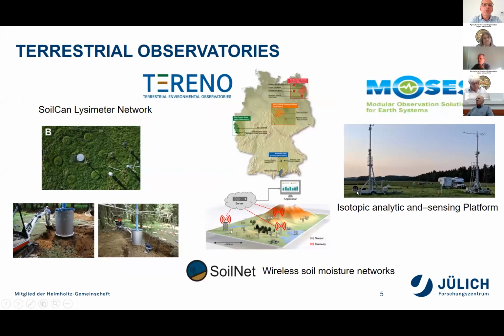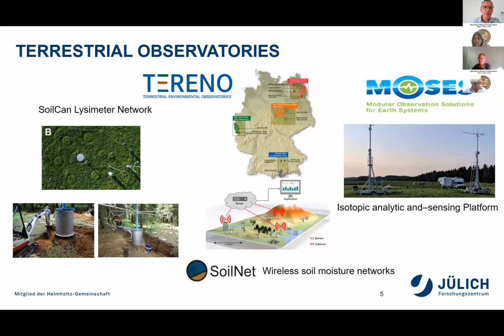The Agrosphere Institute is also coordinating a network of terrestrial observatories. It's called TERENO, and it's an initiative funded by the Helmholtz Association, and 4 Helmholtz research centers are operating these terrestrial observatories in which we monitor the different components of the terrestrial system, from the groundwater, the soil, the vegetation into the atmosphere.